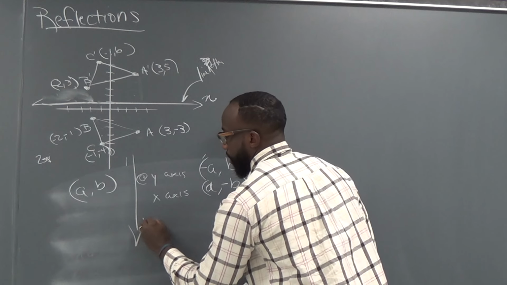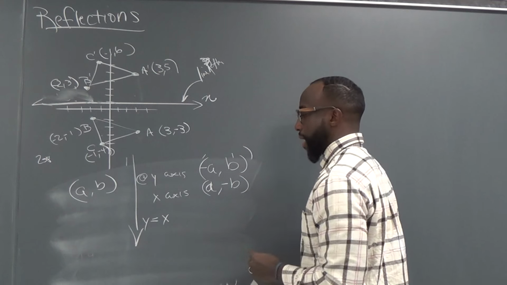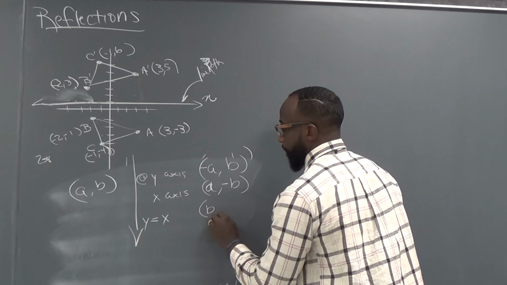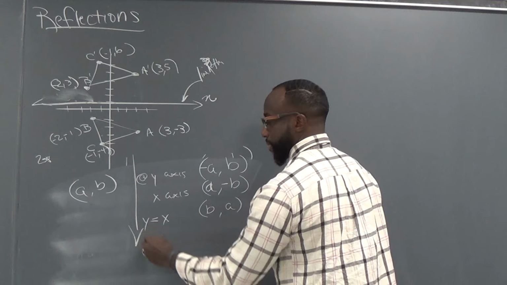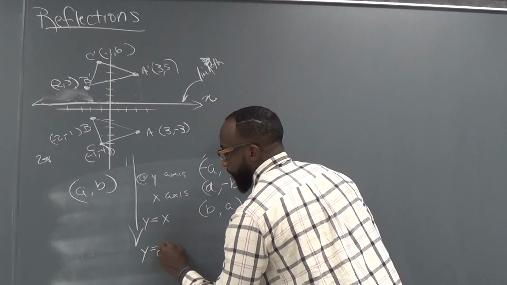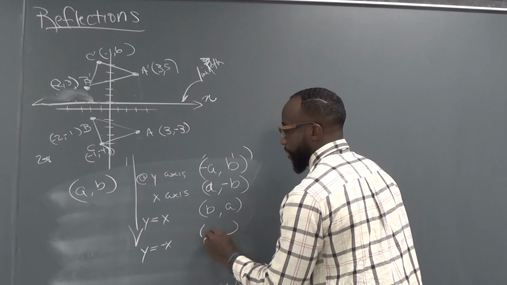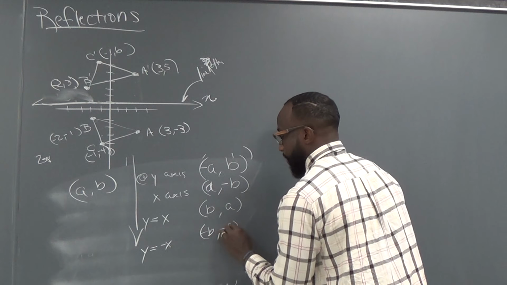Reflected along the line y equals x, it would be BA. It flips. And then y equals -x, the negative line, it would be -B, -A.